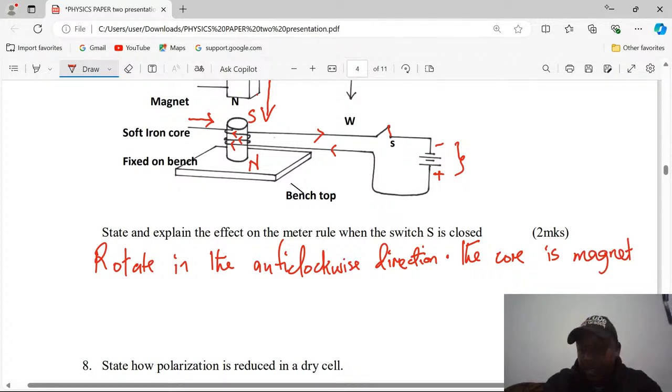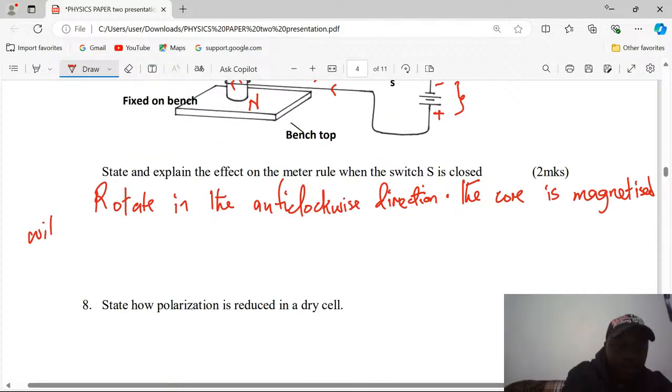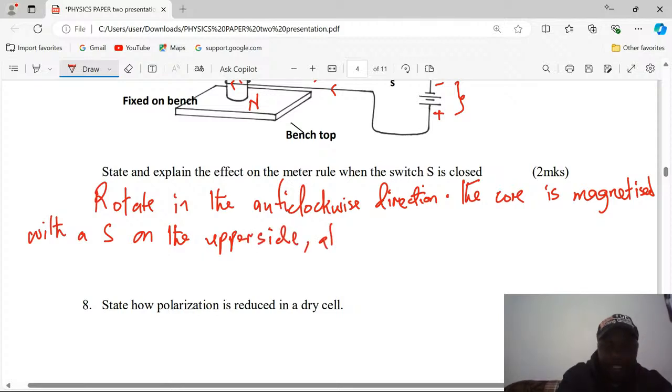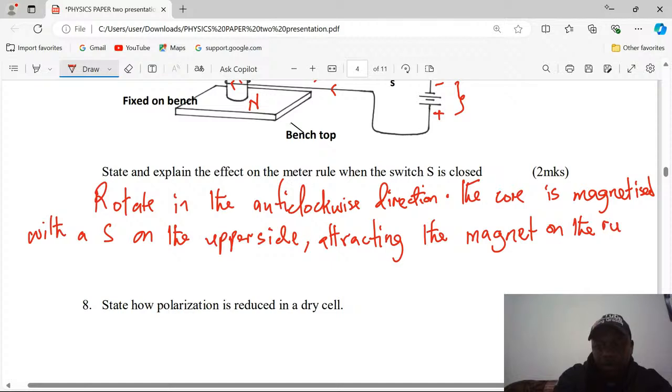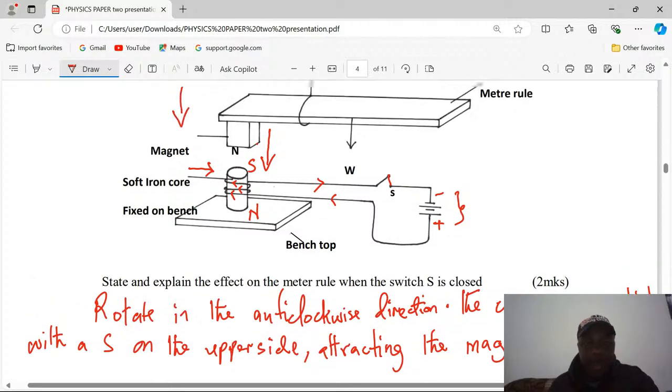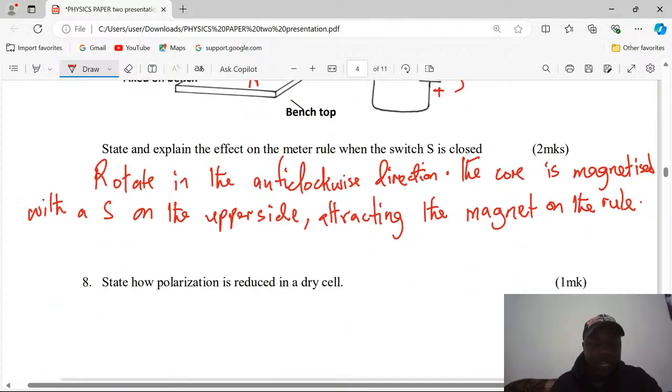It's magnetized with a south on the upper side, attracting the magnet on the meter rule, and definitely now the turning effect will appear. Now the turning effect is going to be experienced.